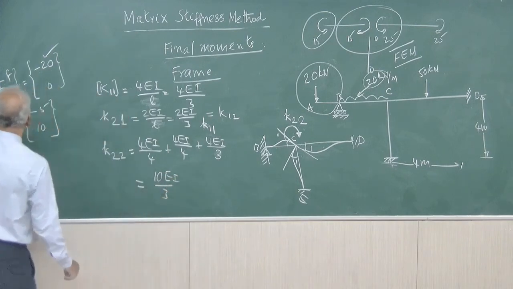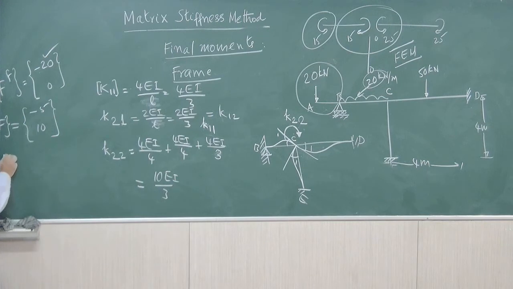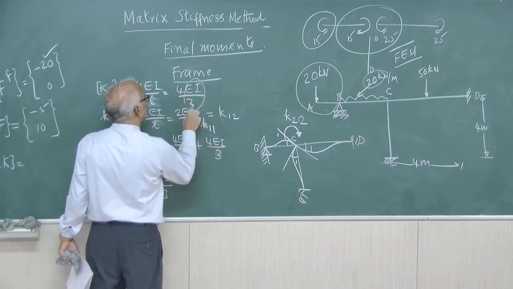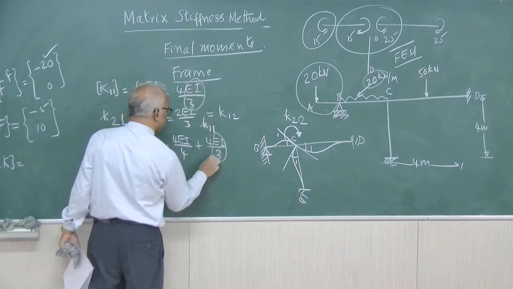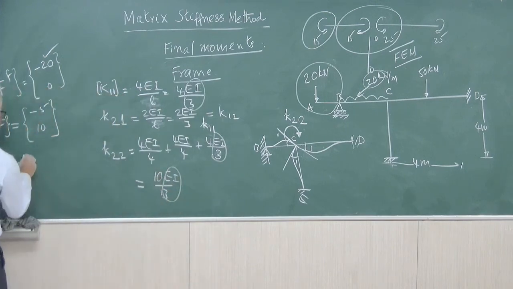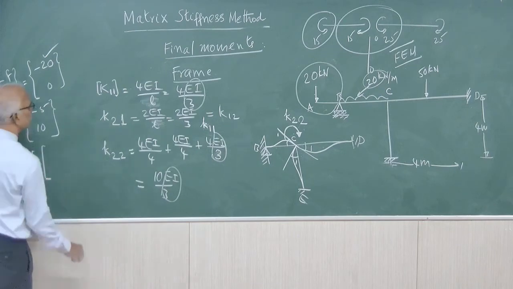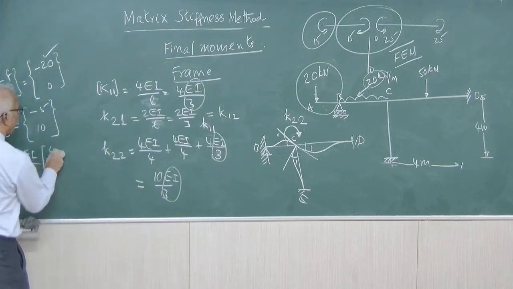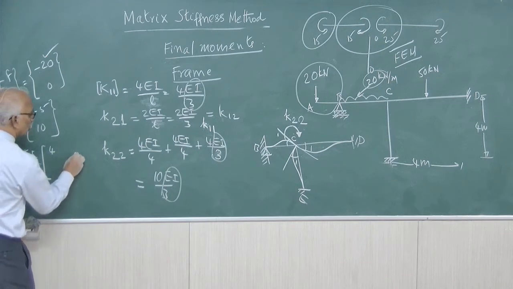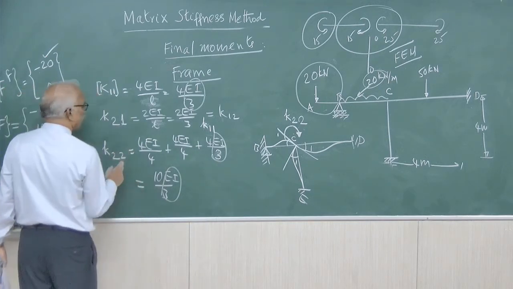Therefore, the K matrix will be, now here EI by 3 is common in all the cases. Therefore, EI by 3, first one is 4, K11, K21, K12 equal to 2, 4.